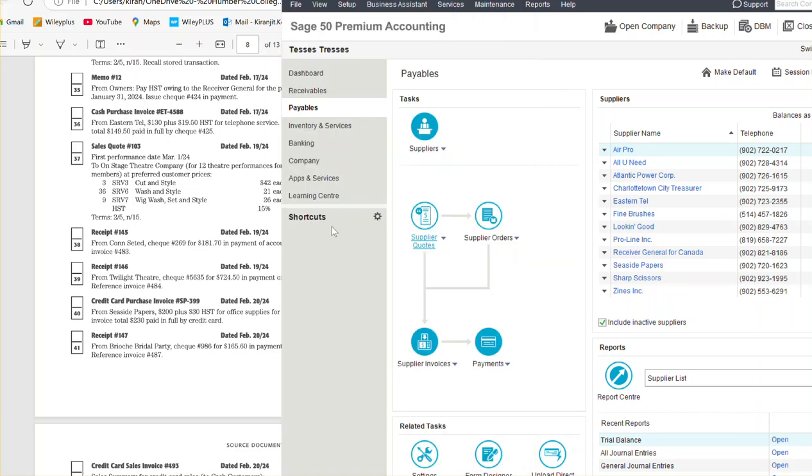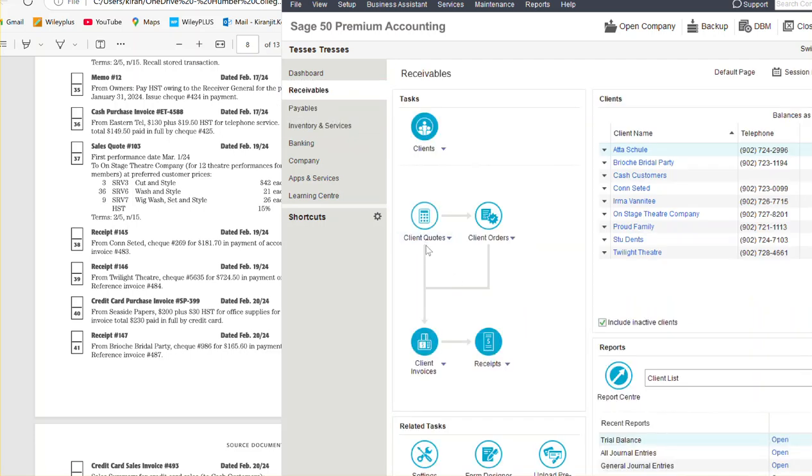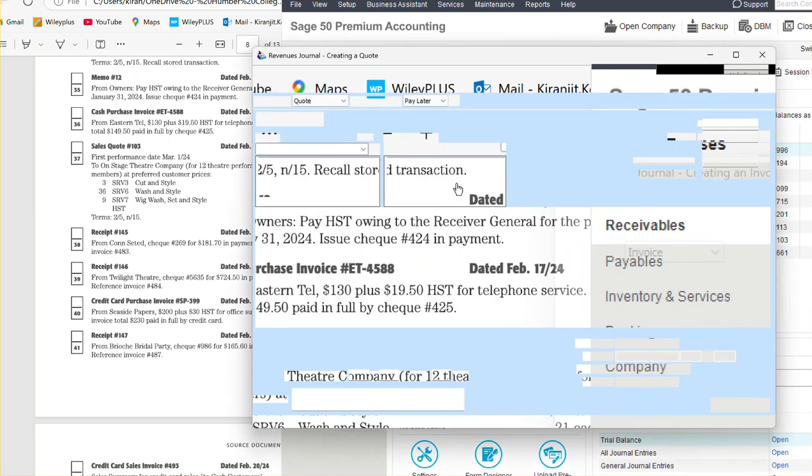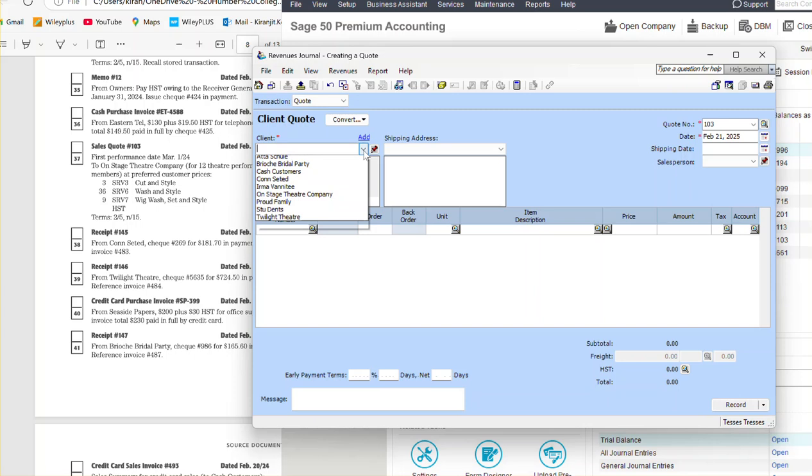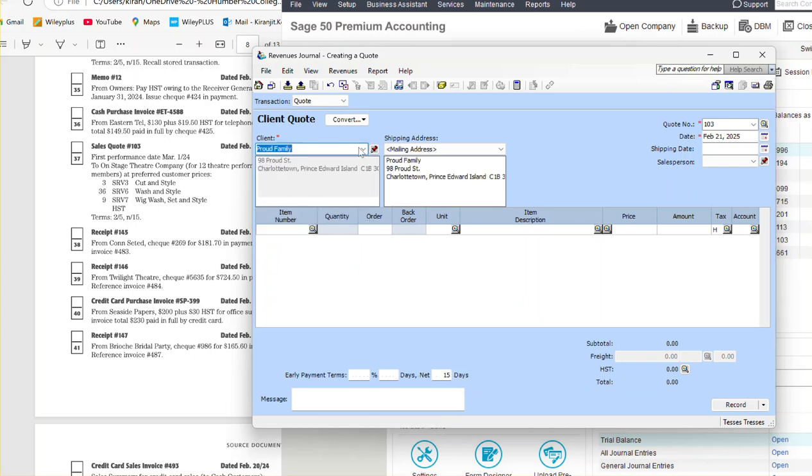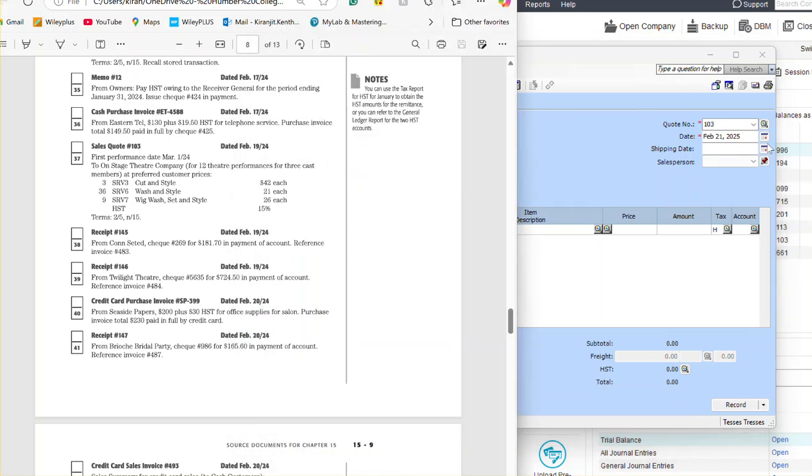So let's do my sales code. I will double click on my sales, and it is a sale client code. Who is it from? First, I don't have this person. It's an On Stage company, and the date is 19.